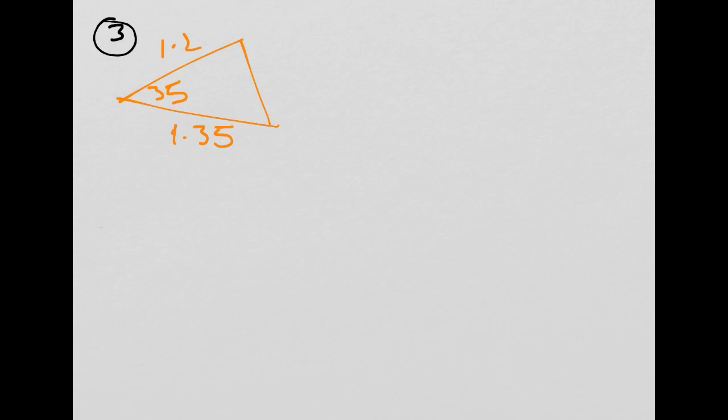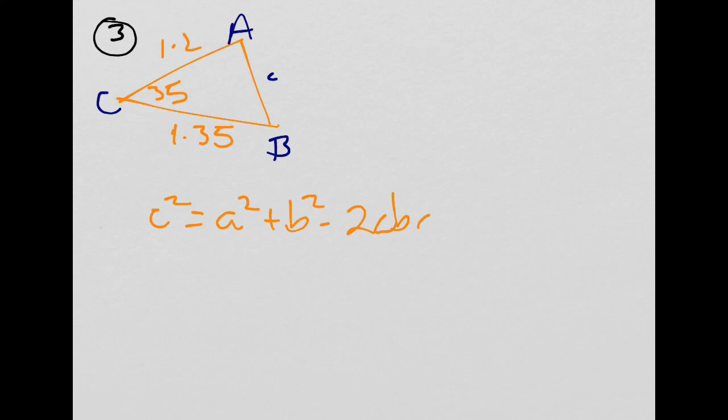For question 3, it's a cosine question. Okay, we have the diagram similar to this. 1.2, 1.35, 35 is the angle. We're trying to work out side C, this one here. So the formula we're going to use is c squared is a squared plus b squared minus 2ab cos c.